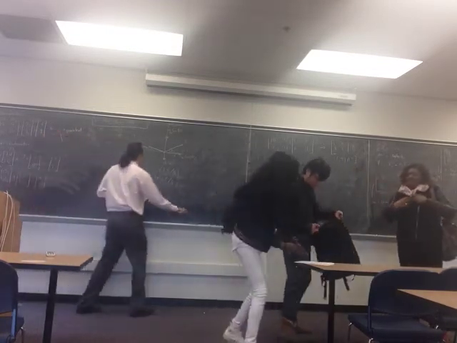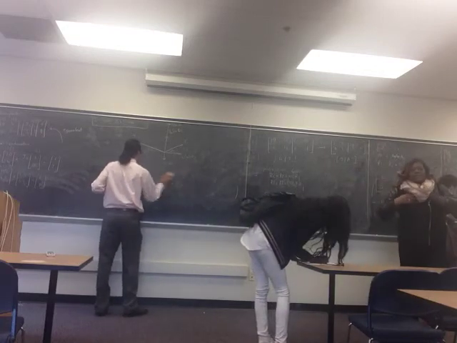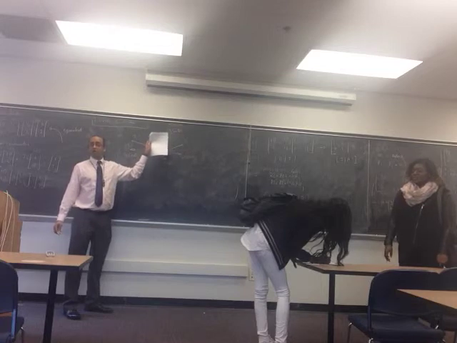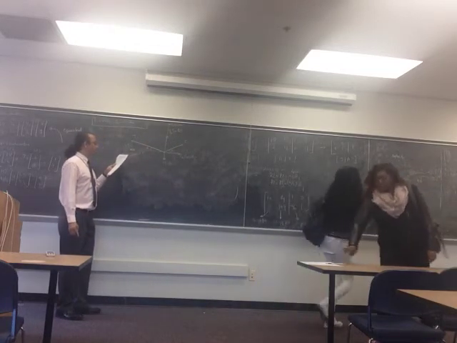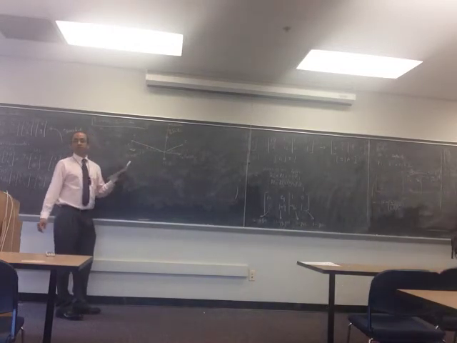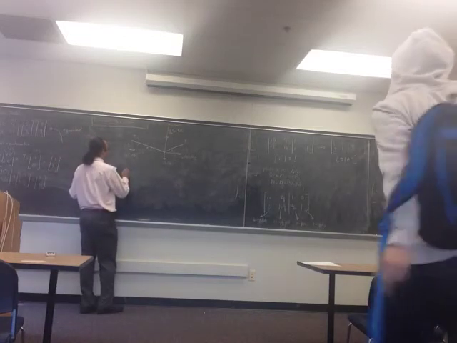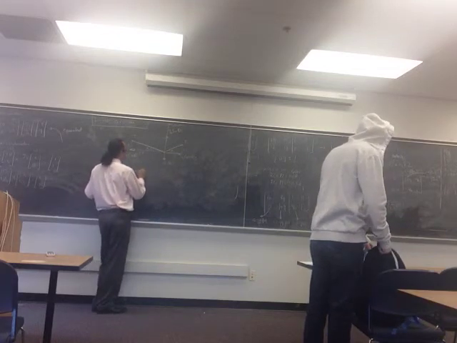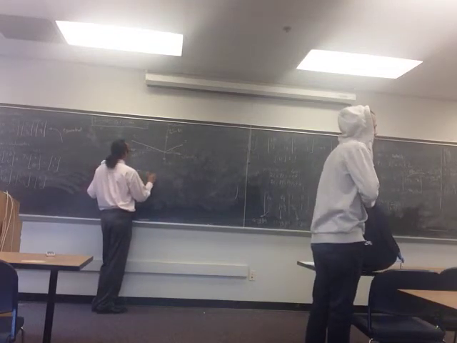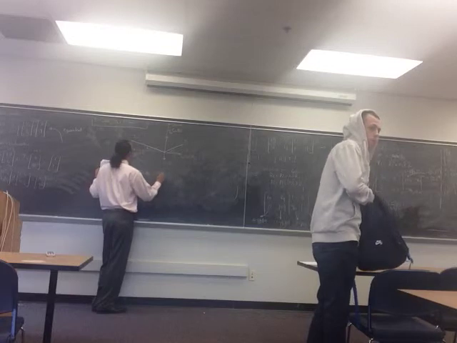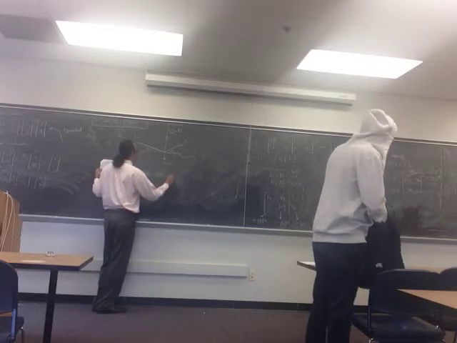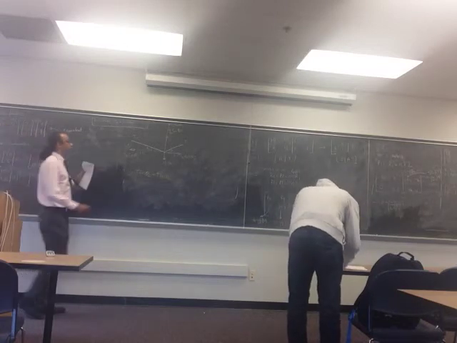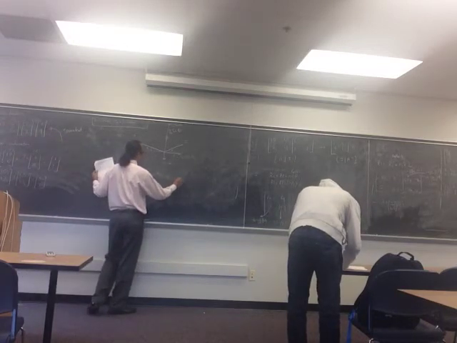Okay? X is i and Y is j. They're asking you to write the vectors in terms of i and j. So the i component is T2 cosine theta 2 minus T1 cosine theta 1 equals 0.